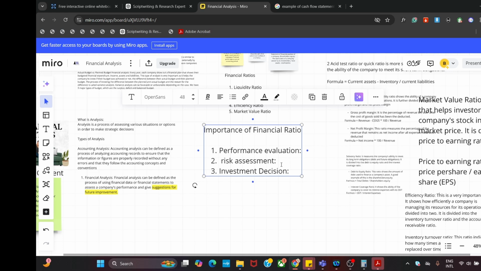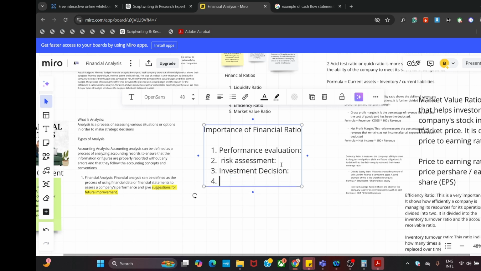So when the company is able to know its financial health at any given point in time, it helps the company decide whether to invest in a business to get more assets or not. These ratios help the company make informed investment decisions that can drive and increase the performance of the company.